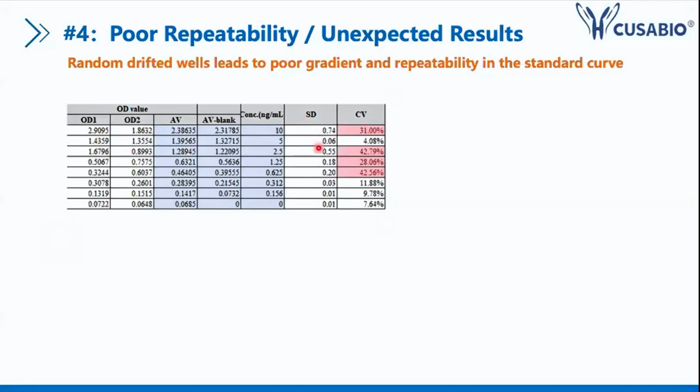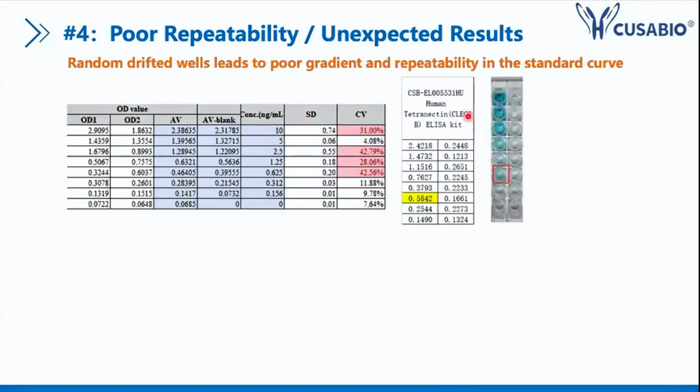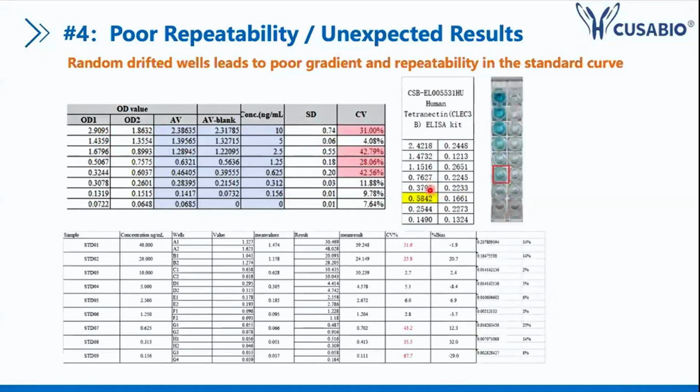Because they are different, the CV is around 31%, which is definitely higher than what we require. Sometimes the unexpected result also causes no clear gradient, so the result looks odd. In another example, the CV also looks less than optimal. So we are worried about these results, but how can we solve them?